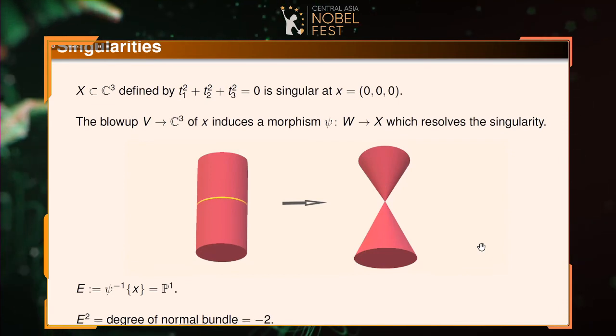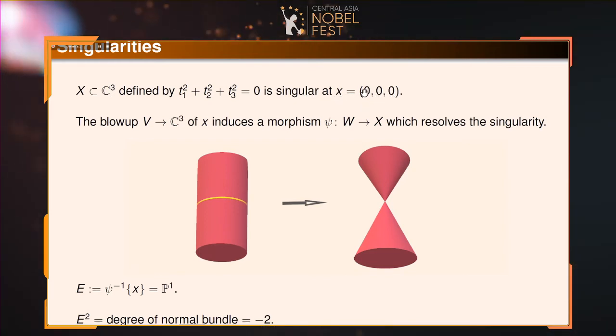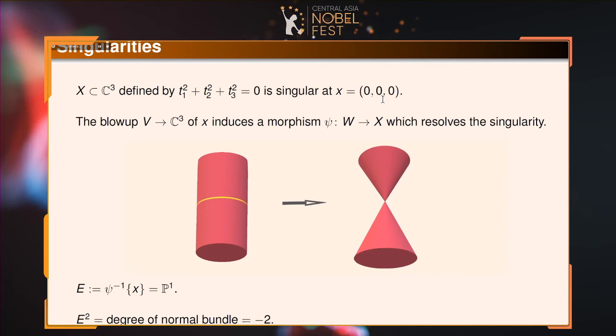Okay, now let's look at another example where we get singularities. We actually got singularities in previous examples, but let's look at this new one, where the equation is now t1 squared plus t2 squared plus t3 squared equal to 0. We consider the solutions over the complex numbers. This space becomes singular at the origin.